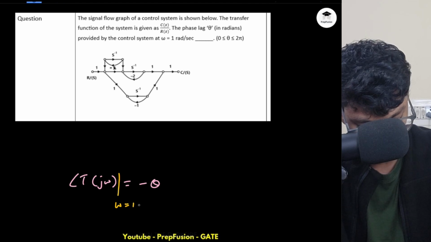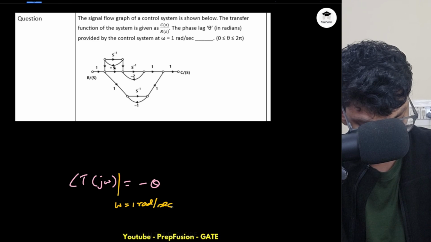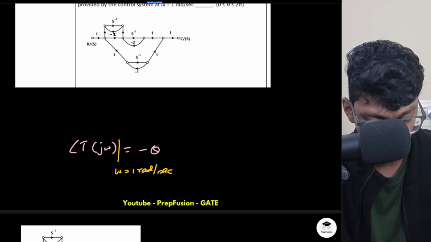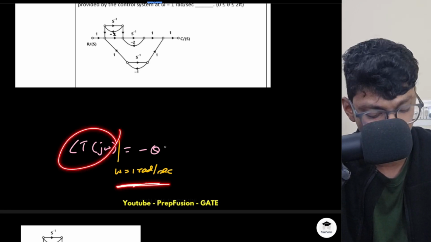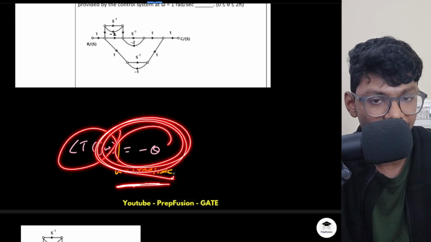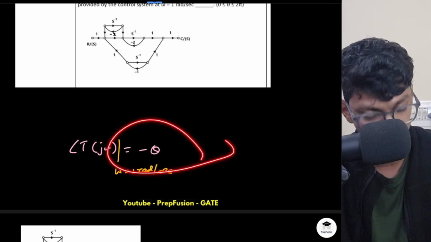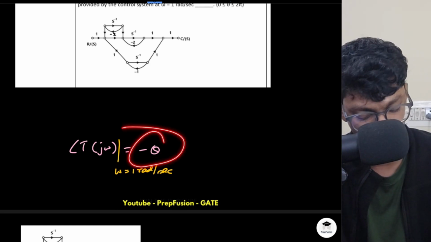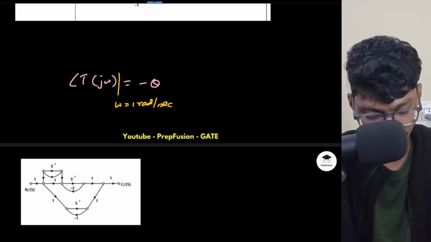Whatever transfer function I find, I will calculate the angle at omega equals to 1 radian per second, and then compare with minus theta, because it should provide a lag. Then only it will be a lagging angle, correct?